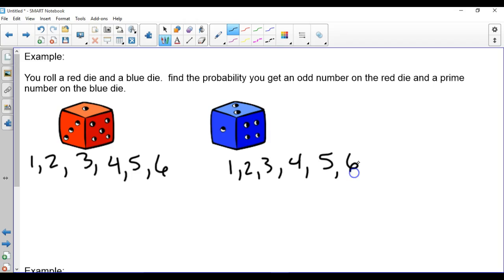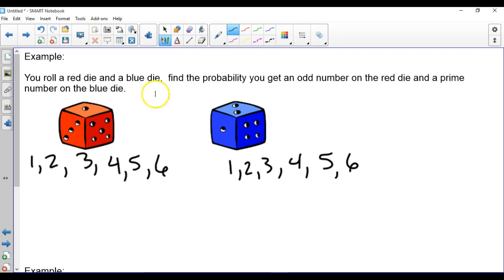So that means on each dice roll you have a total possibility of 6 things happening. You could roll a 1, a 2, a 3, a 4, a 5, a 6. So 6 total choices on each of these.